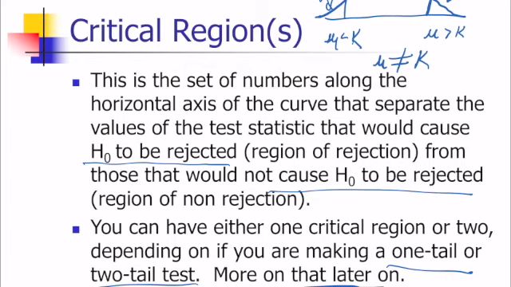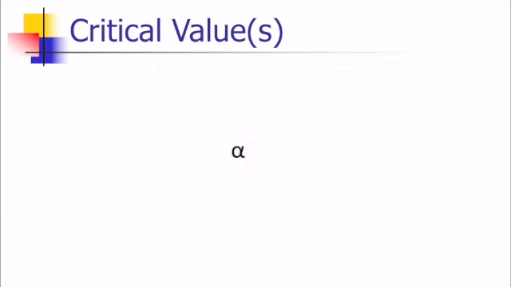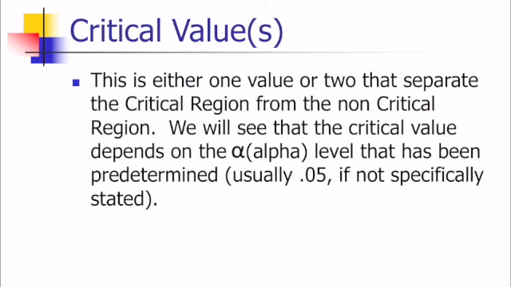We're going to cover all of this and do quite a few examples, so don't you worry. Critical values, alpha: that's the level that's been predetermined, and it's going to be 0.05 if not specifically stated. Remember we went over these in the last chapter, how the confidence level plus alpha equals 1. So our alphas are only going to be 0.05, 0.10, or 0.01.